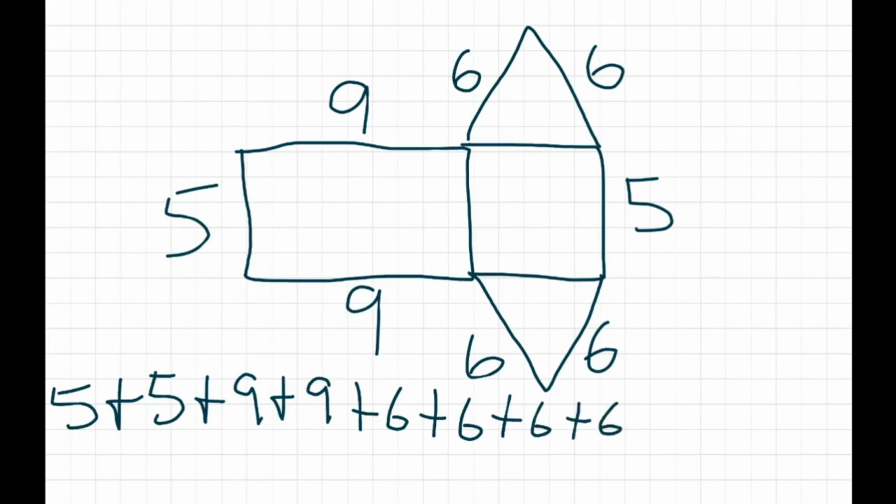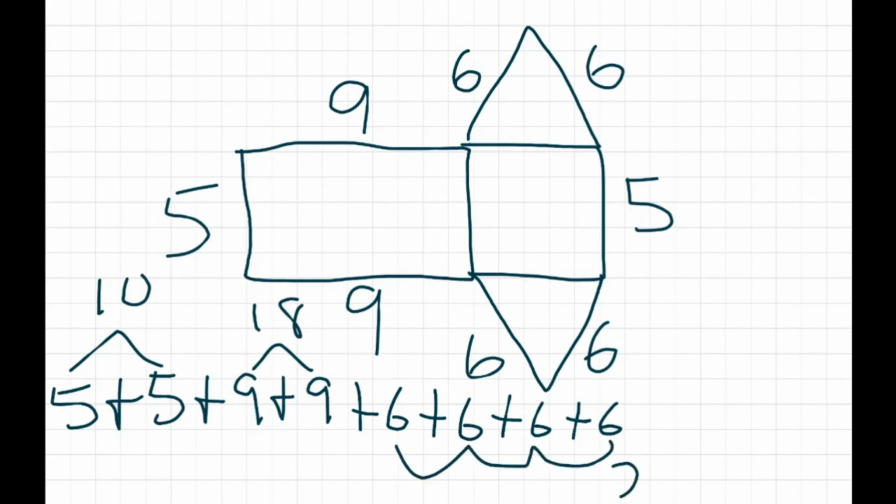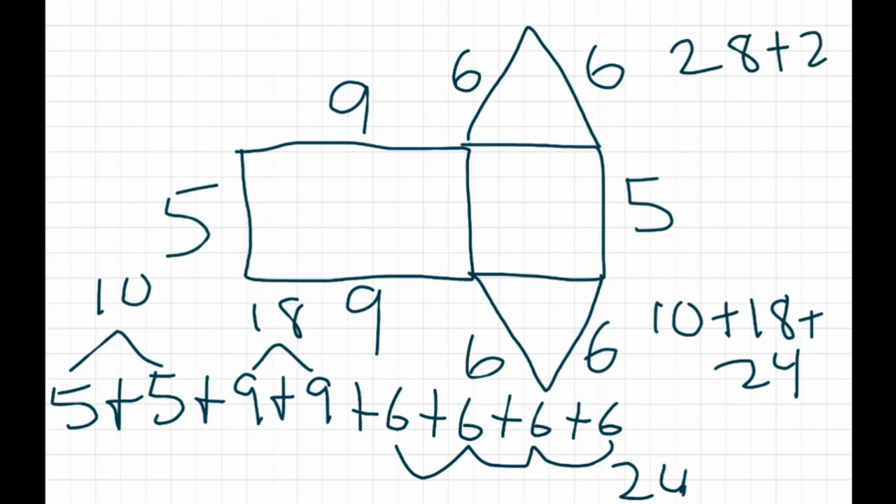An easier way to do this: 5 plus 5 is 10. 9 plus 9 is 18. And then 6 times 4 is 24, because there's 4 sixes. And then we can add 10 plus 18 plus 24. That gives us 28 plus 24. And that means the perimeter of this shape is 52.